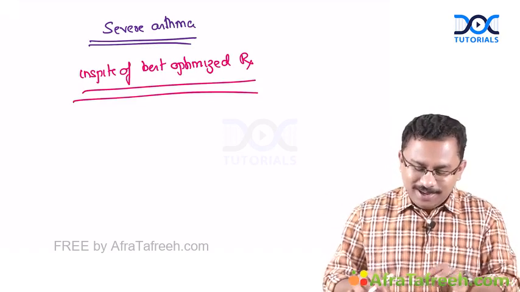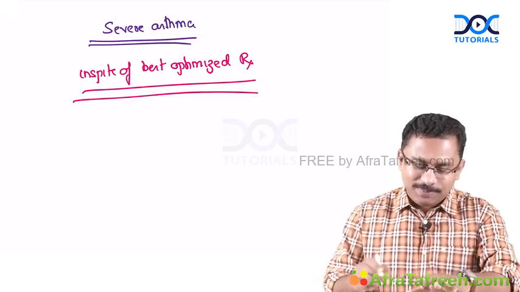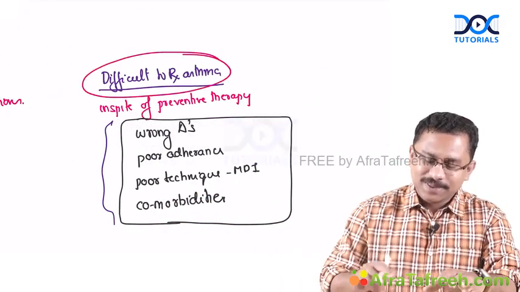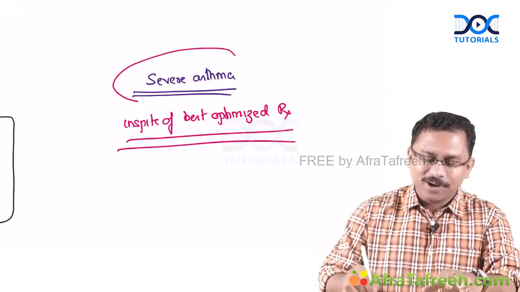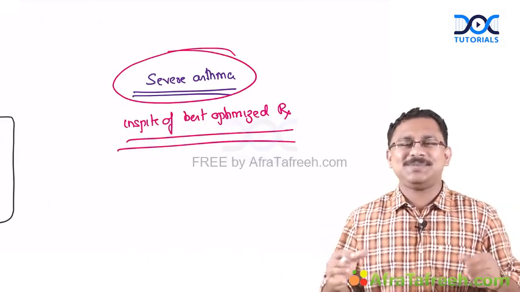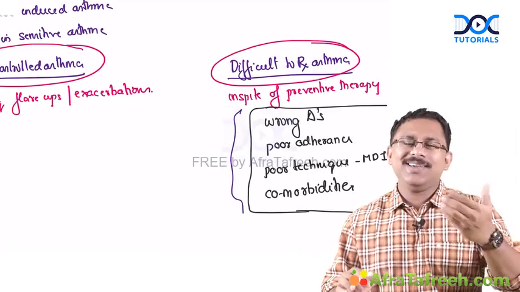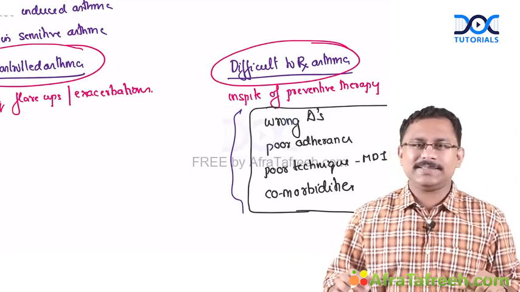Now whether it be uncontrolled asthma or difficult to treat asthma or severe asthma, what is the importance of these three terms? These are terms which are likely to be loosely used by treating physicians.